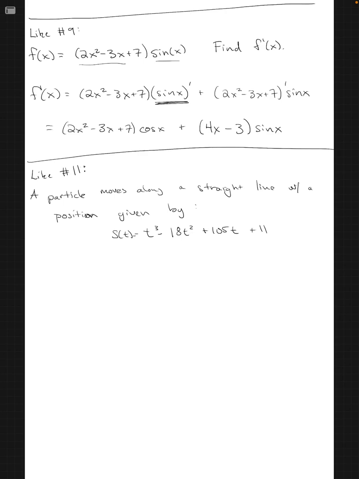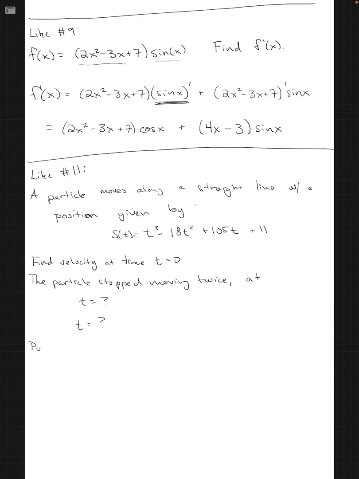So this problem asks for a whole bunch of things. One was find the velocity at time t equals 0. The other one claimed that the particle stopped moving twice, at t equals what and t equals what.